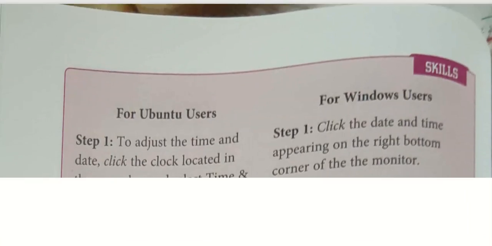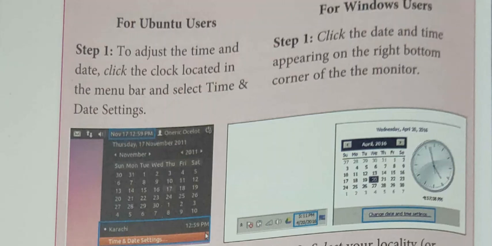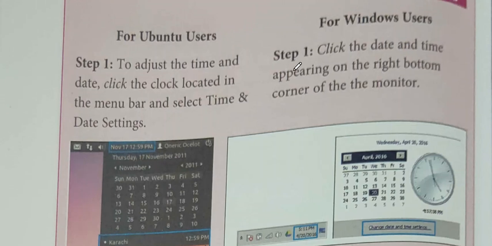Page number 64. Now they have shown the steps for Windows users and for Ubuntu users, as this book is according to Windows 7. So those who have Windows 7 have to simply follow these steps to change the date and time on their computer.